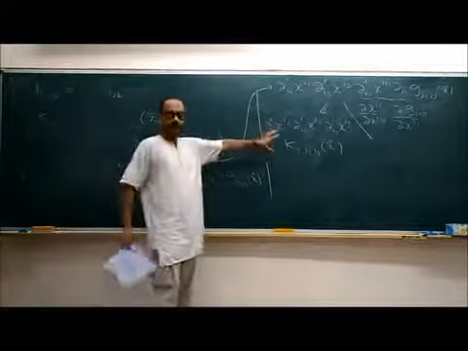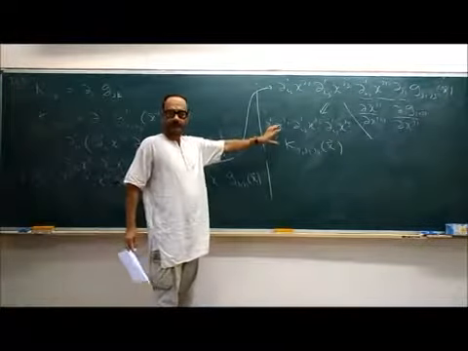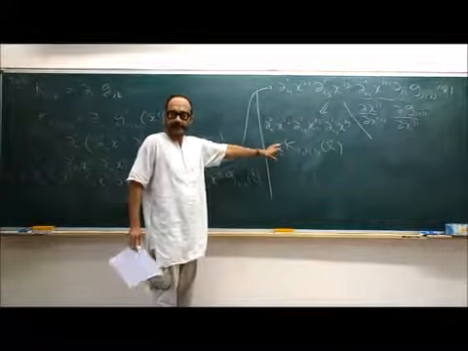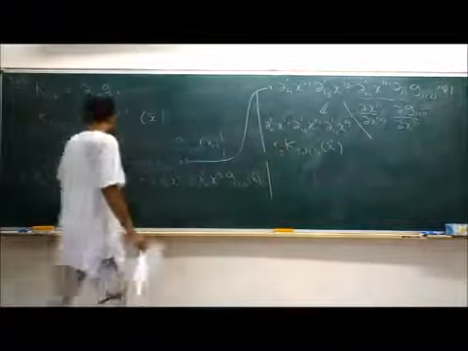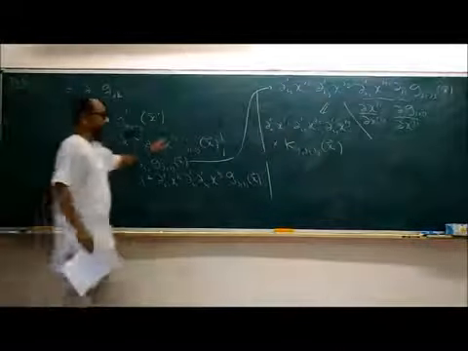So this is what you want. In order to prove that k is a tensor, we want k' i1 i2 i3 to be given by this.